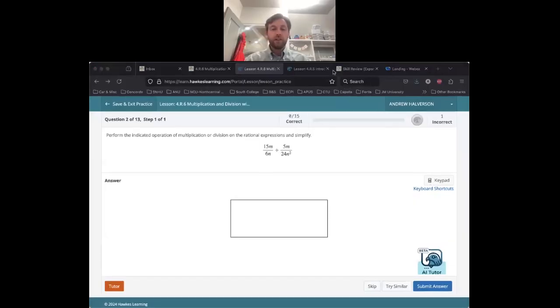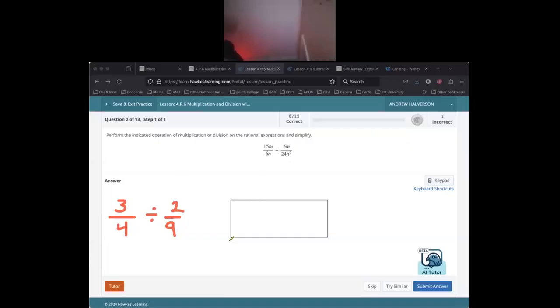Before we do this one, three over 4 divided by 2 over 9. How do we divide fractions? Wouldn't you flip the second, right side, so it'll be 3 over 4 divided by 9 over 2?